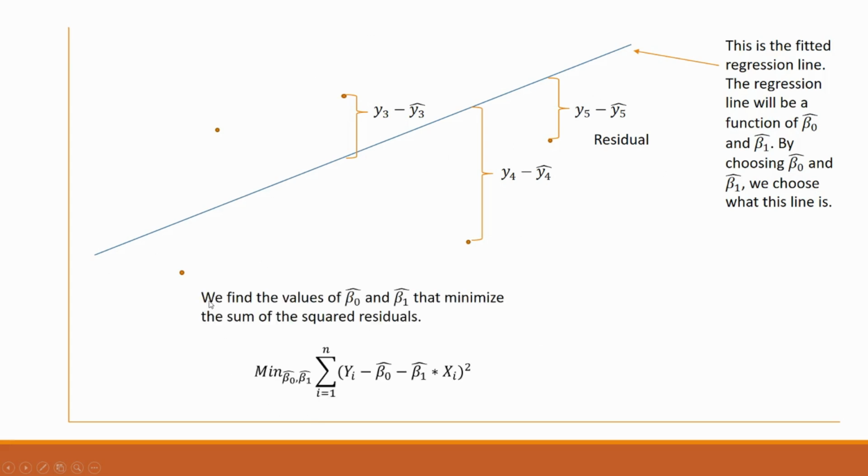All right, so we find the values of beta 0 hat, beta 1 hat that minimize the sum of squared residuals. This is a way of minimizing the residuals.